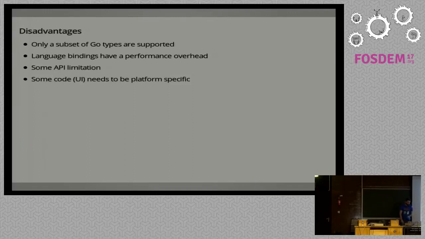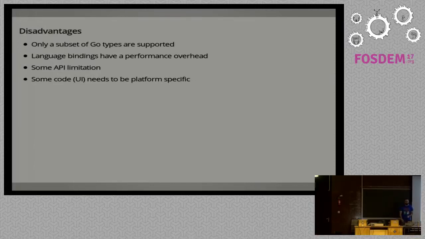The disadvantage is that only a small subset of Go types are supported, for example, unsigned integers. Language bindings have a small overhead, and there are some API limitations. For example, a function could return none, one, or two results.